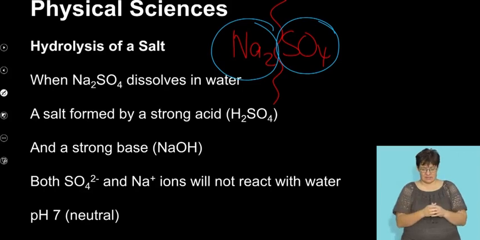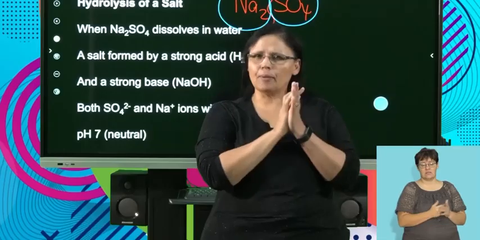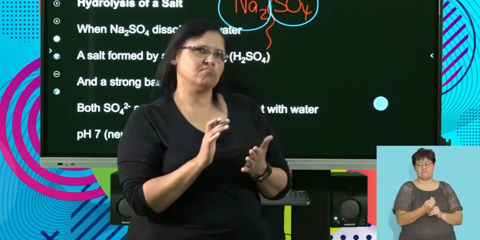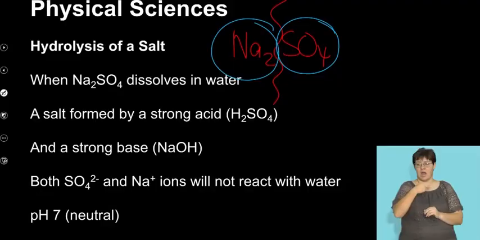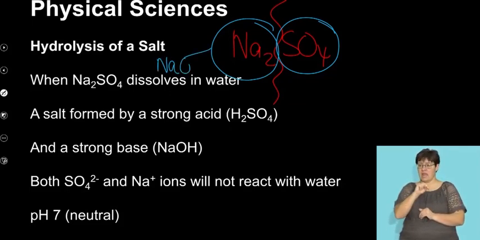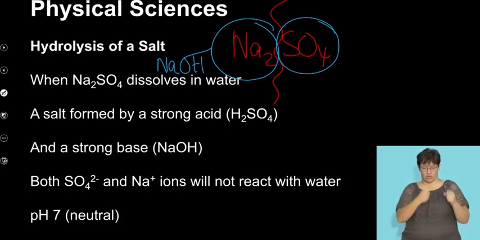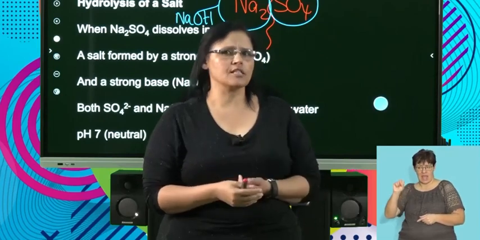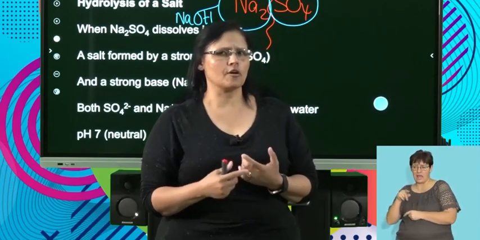So here we can see that a base with a sodium in it is sodium hydroxide, and we know that it's a strong base. So we have the strong base sodium hydroxide, and an acid with a sulfate in it is sulfuric acid. And we also know that sulfuric acid is a strong acid.